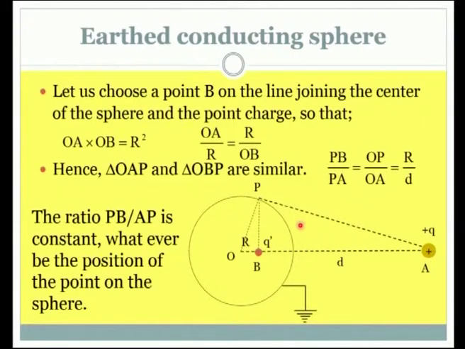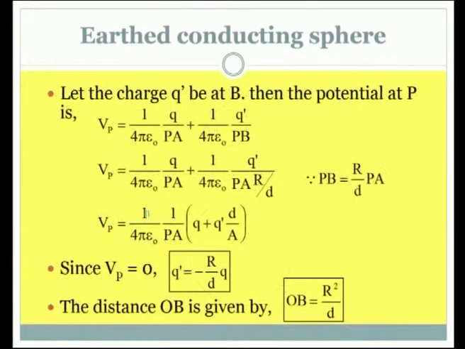What I have shown here, the BP, I would like to highlight, this is a key point. Based on this ratio, which is constant for all the points because of the geometrical arrangement, we are going to take the derivation forward. How is it done? See here, let the charge q dash be at the point B, then the potential at P is calculated because it is a scalar quantity.